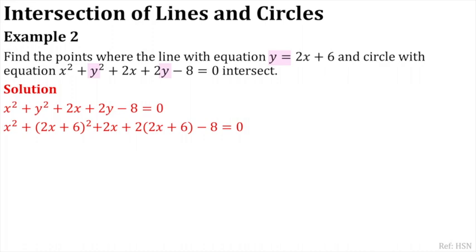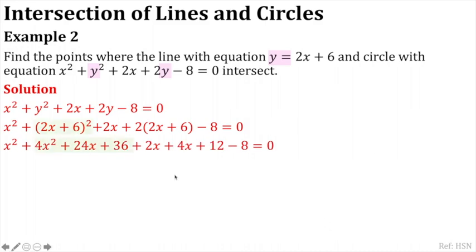Now we need to expand our brackets. So that will give us this. So you can see the square of 2x plus 6 gives us 4x squared plus 24x plus 36. And this bracket here, 2 times 2x plus 6 gives us 4x plus 12.